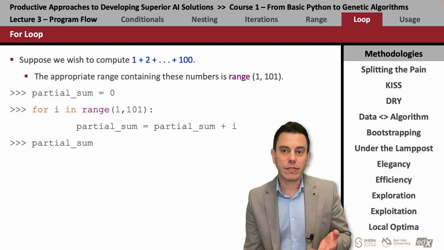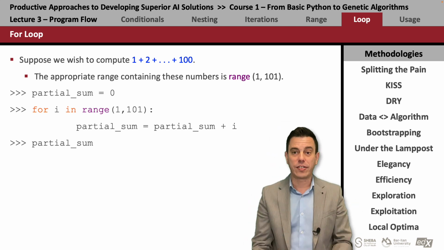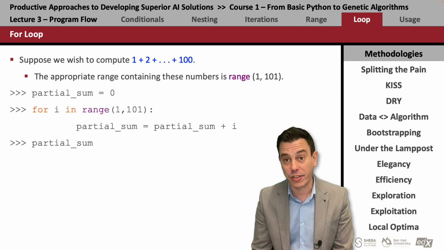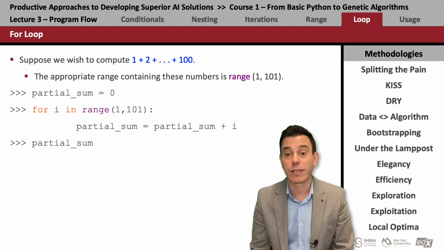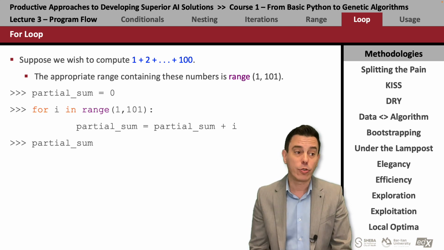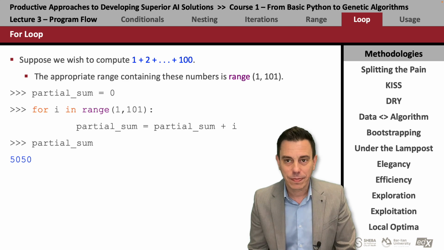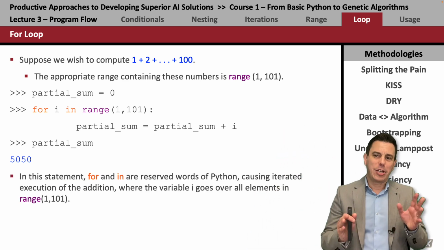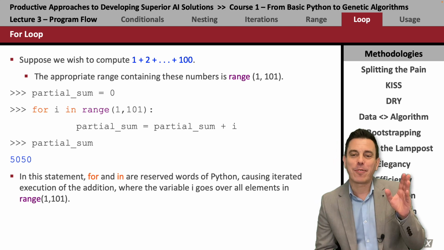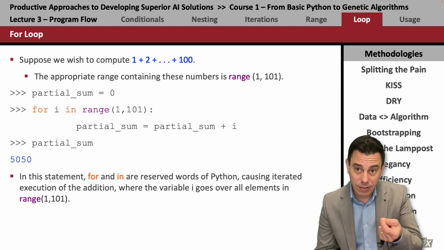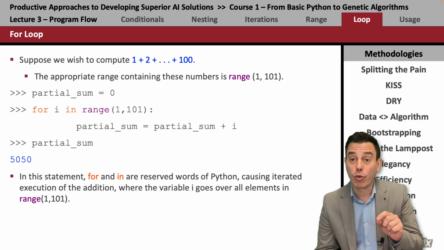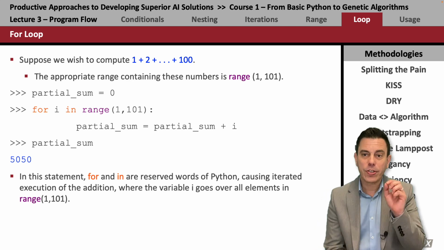The next command could be just to see what is the value of this variable. So we just write partial sum, and what do you know? 5050. You can check.